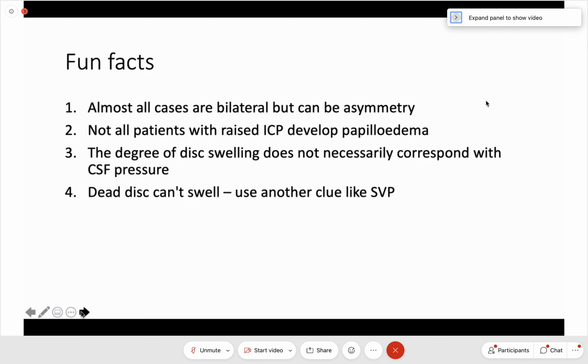Now, these are fun facts that you have to remember. Okay, the first one is, yes, almost all cases are bilateral for papilledema, but it can be asymmetric. So sometimes if you see them really early in the disease process, you might see that only one eye is affected and the other one not very convincing.